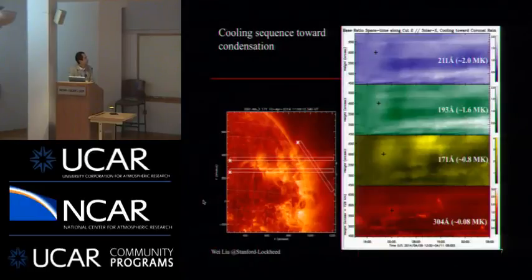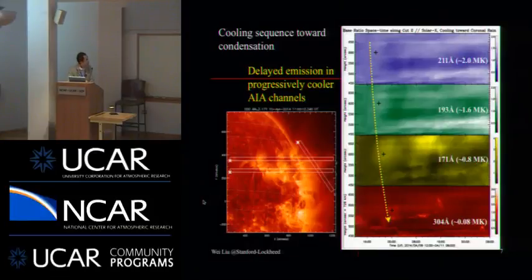Moving on, we look at a time slice across different AIA channels, from about 2 million Kelvin down to 304, about 80,000 Kelvin material. What you can see here is a brightening delayed in time, lasting several hours. This is an indication of cooling. This cooling is responsible for the formation of this cool material as a prominence and eventually coronal rain.